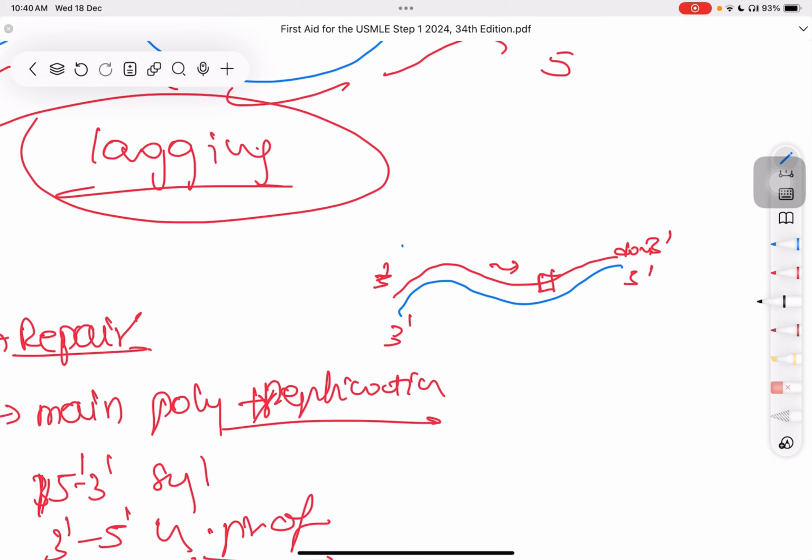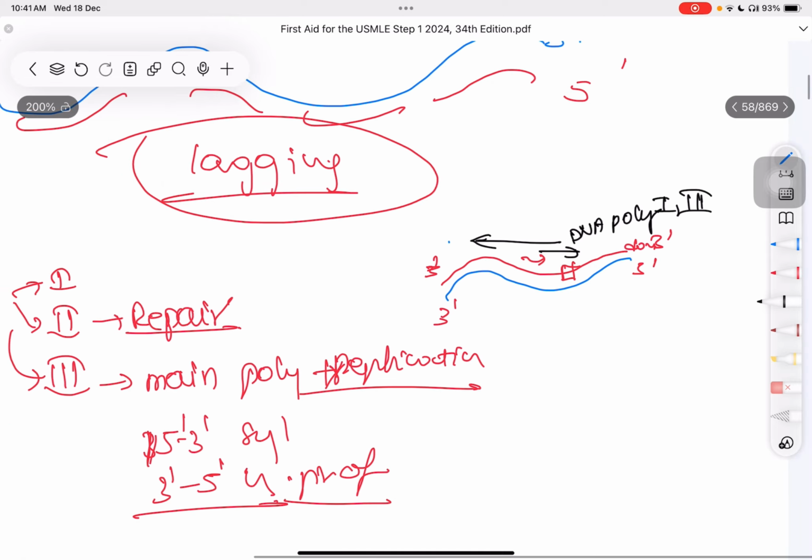Now your DNA polymerase 1 or 3 both possess synthesis in this direction, but proofreading in this direction, which means DNA polymerase 1 and 3 check whether the sequences are formed correctly or not, and they'll repair any sequence that has been mismatched or abnormally placed, or an abnormal nucleotide placed over here.